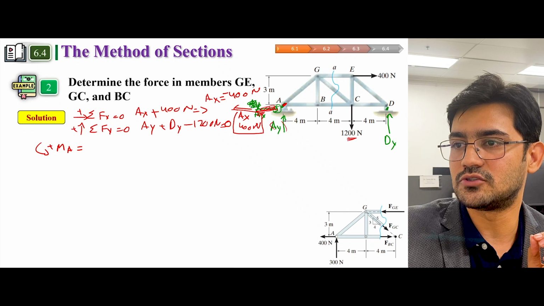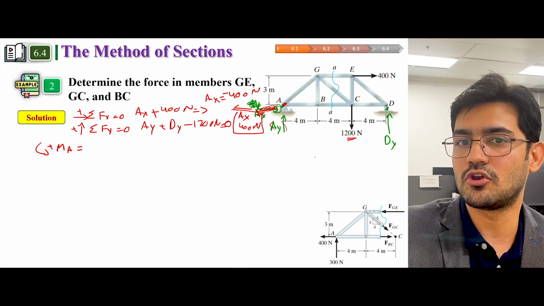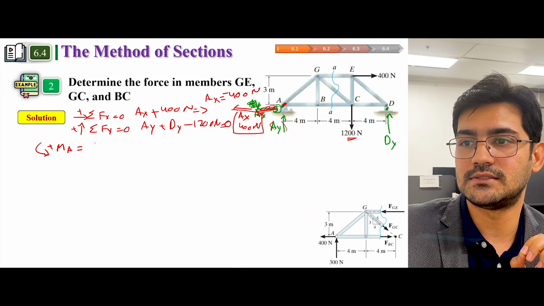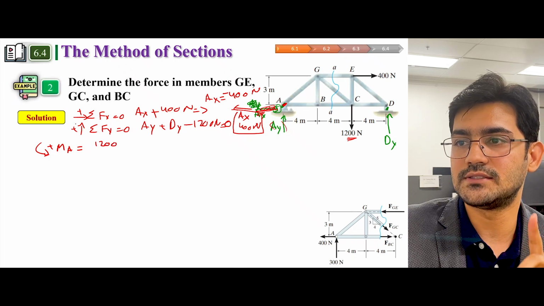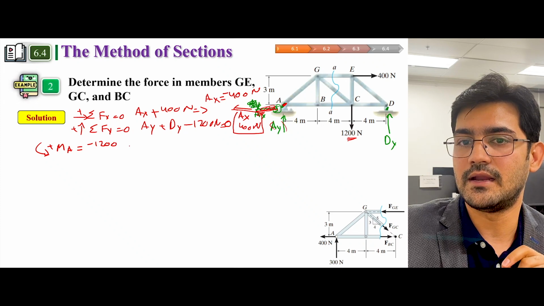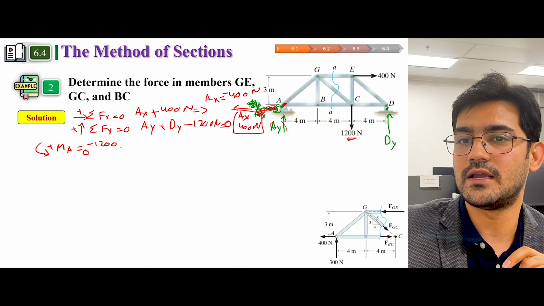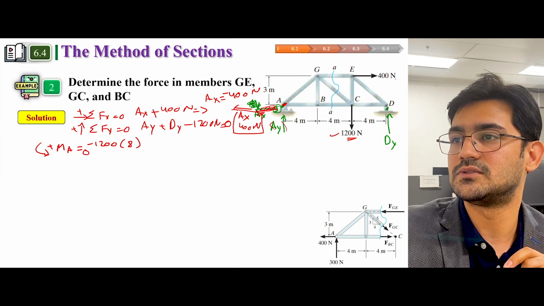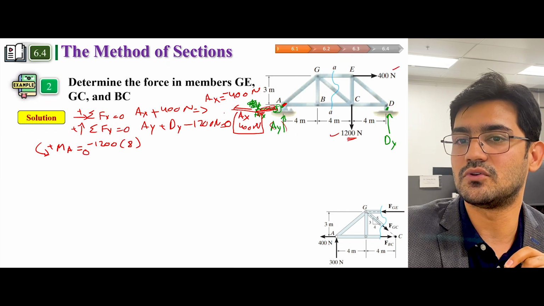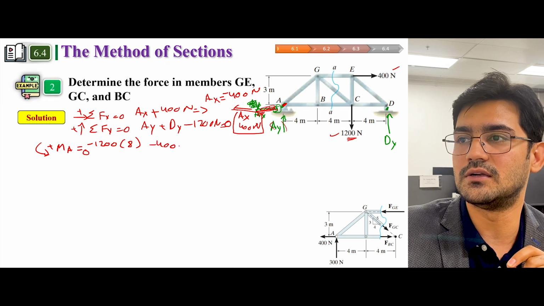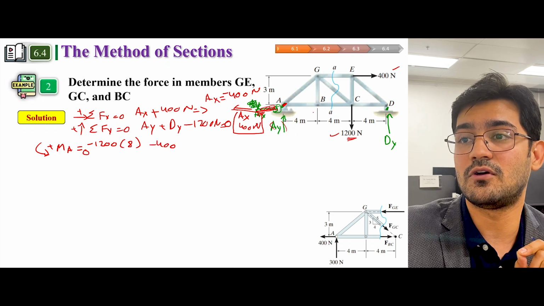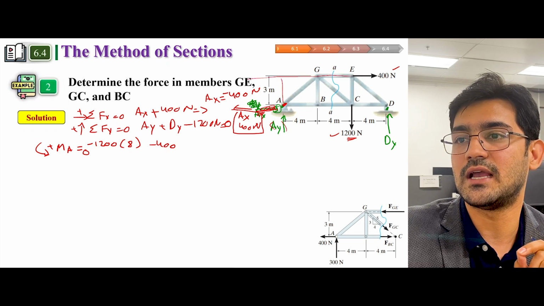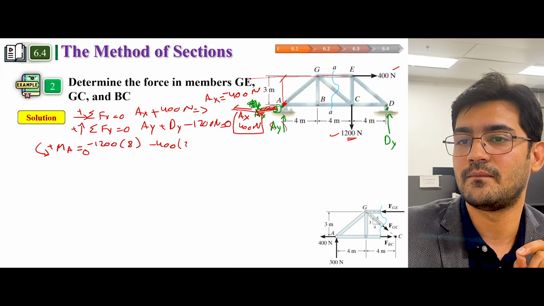Let's talk about this 1200. This 1200 is clockwise, and we have assumed anti-clockwise to be positive, so clockwise is negative, and the distance is 8. The next force is also clockwise, so minus 400 into the distance from the line of action of the force to the axis of rotation, which is 3.